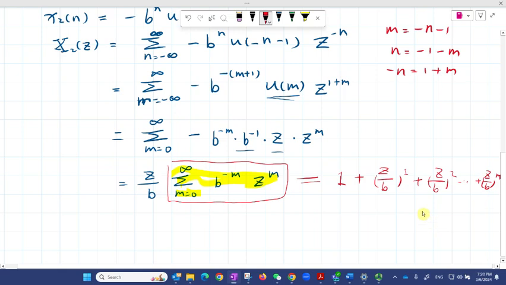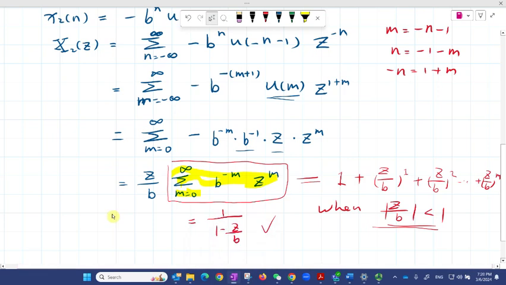Then when the magnitude of z over b is smaller than 1, we want this thing smaller than 1 so that it converges. This is the geometric series we talked about. So the whole sum equals 1 over 1 minus z over b, and only when this condition holds is this the result.